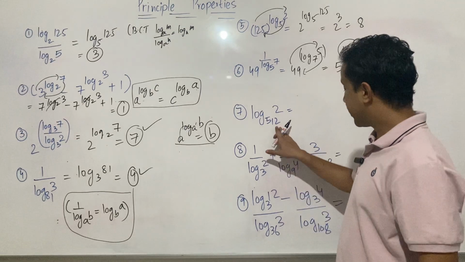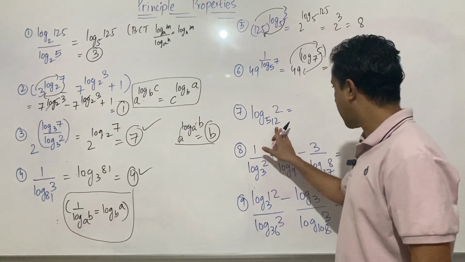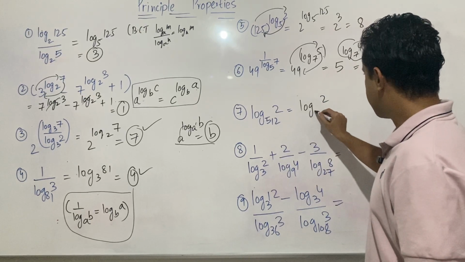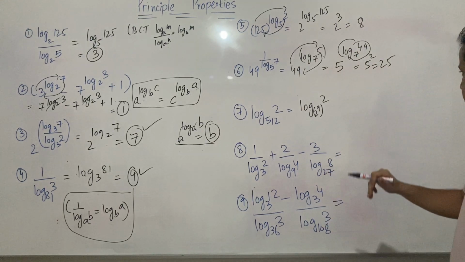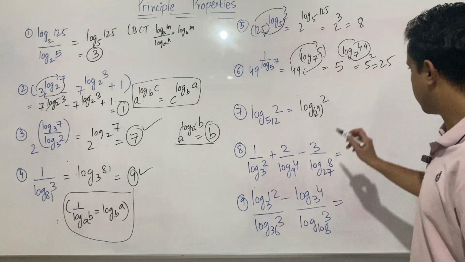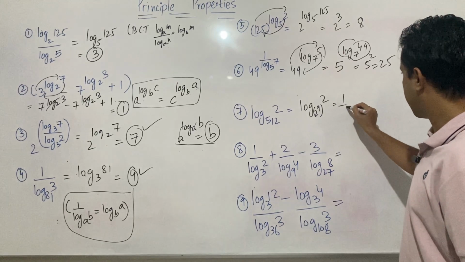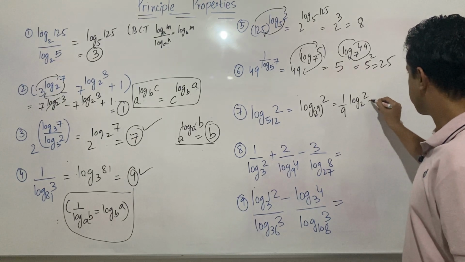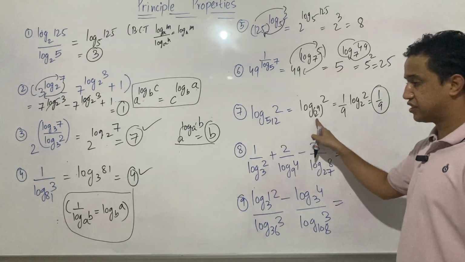Now what we can do here is 512, I guess it's 2 raised to power 9, right? So it can be written as log of 2 to the base 2 raised to power 9. Now, you remember this property, it will be 1 by 9 log 2 to the base 2. Now, what property did we use here?